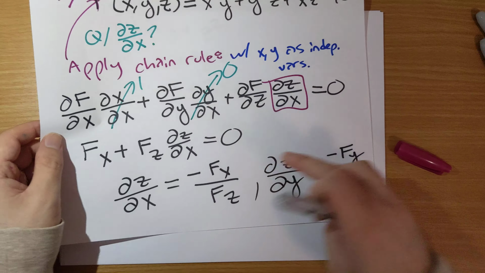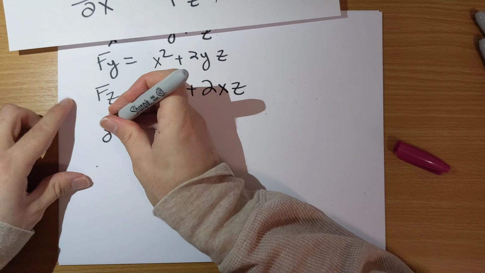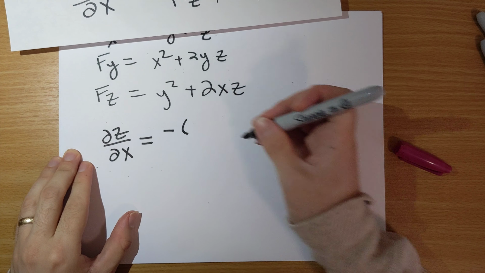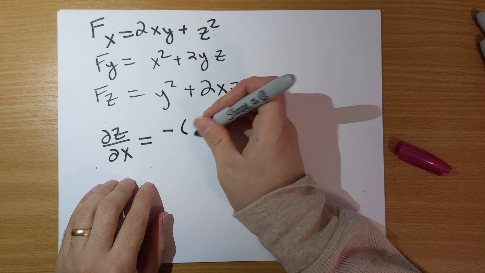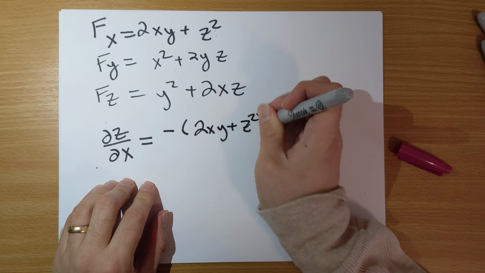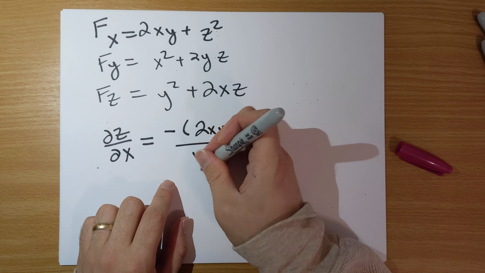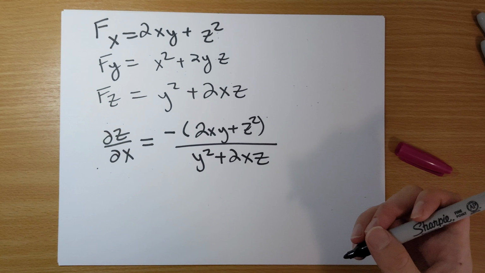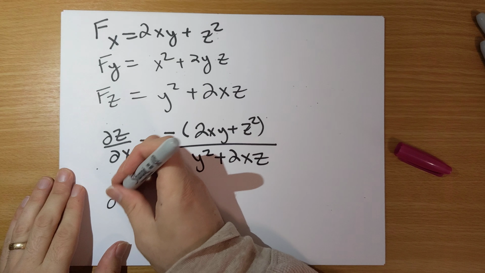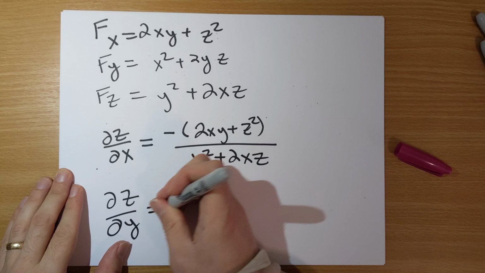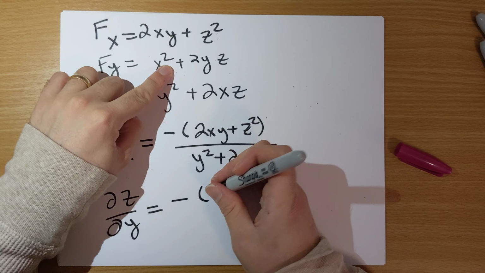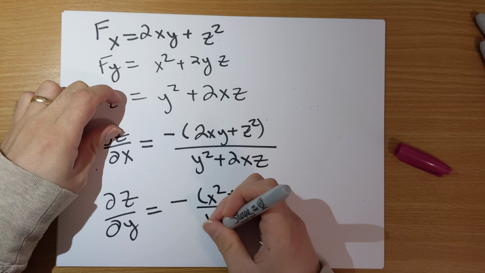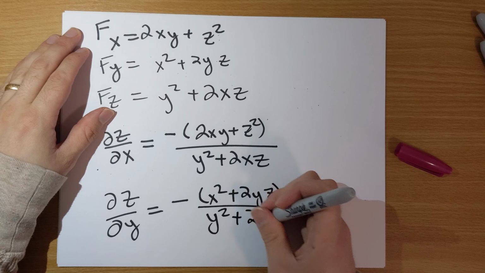So to finish this off, the partial derivative of z with respect to x will be negative f sub x, 2xy plus z squared, divided by f sub z, y squared plus 2xz. We don't need the y partial derivative here, but if the problem also asks for the partial derivative of z with respect to y, that would be the negative of the y partial derivative, x squared plus 2yz, divided by f sub z, y squared plus 2xz.